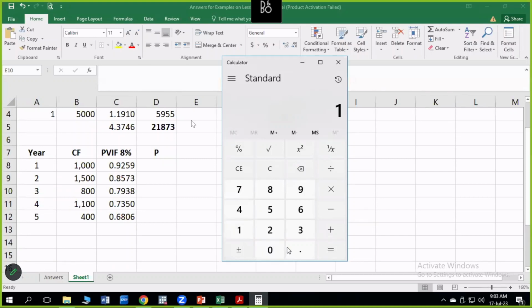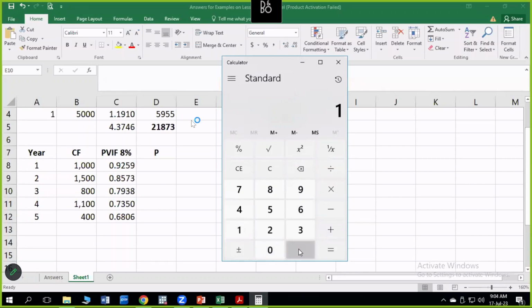The third year value would be 0.7938. The fourth year value is 0.7350.